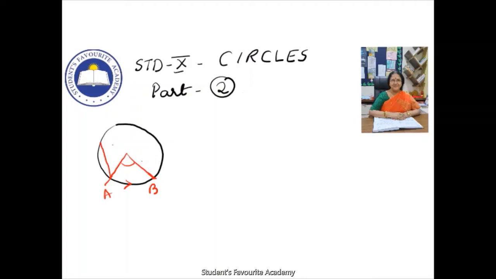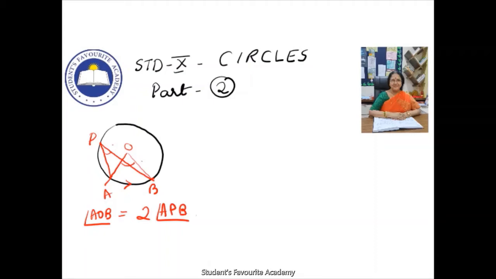I will draw neatly. Suppose this point I call P. So according to this theorem, angle AOB is twice angle APB. So this P can be anywhere.